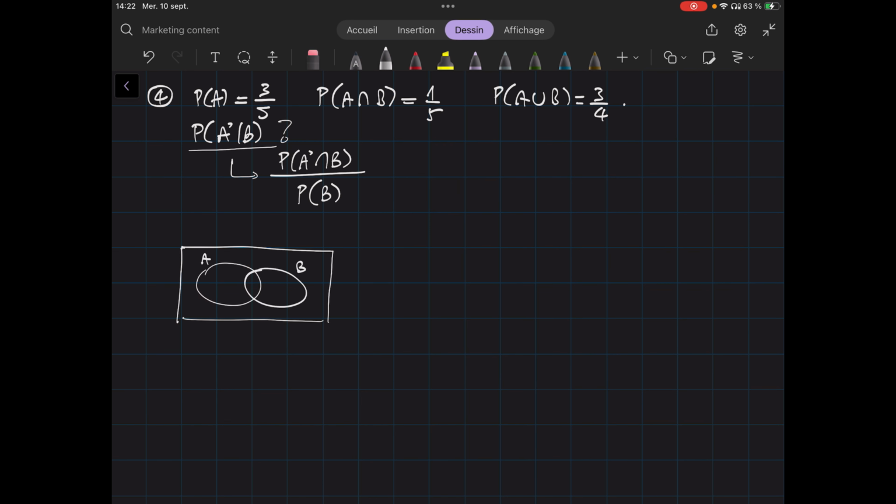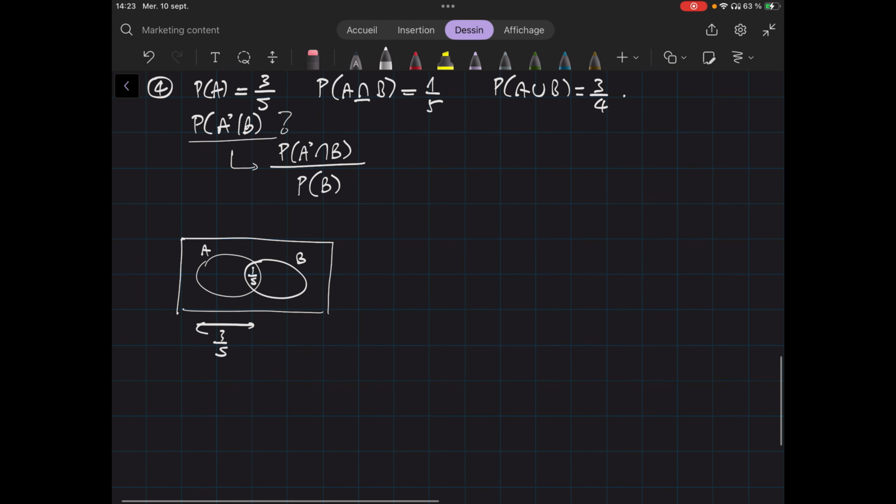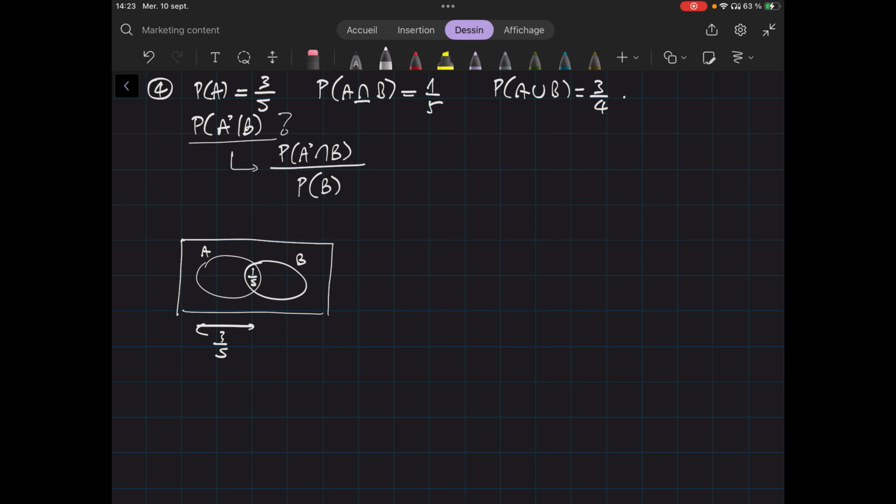We know that the probability of A intersecting B is 1 by 5. We know the probability of A is 3 by 5. And we know the probability of A union B is 3 by 4. So based on the diagram, we can already fill out all the probabilities.